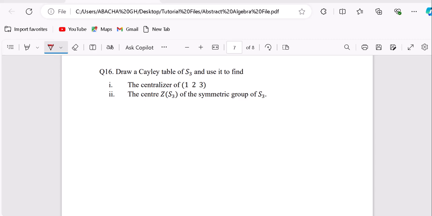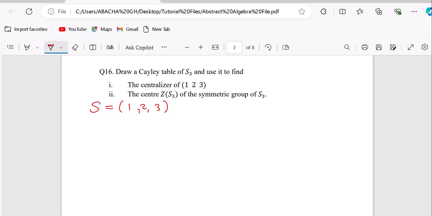The idea is to know how to work it out, and once you figure it out, you should be able to do it. So S3 has just 3 elements. So the set S is equal to {1, 2, 3}. And so we want to use this to form S3.